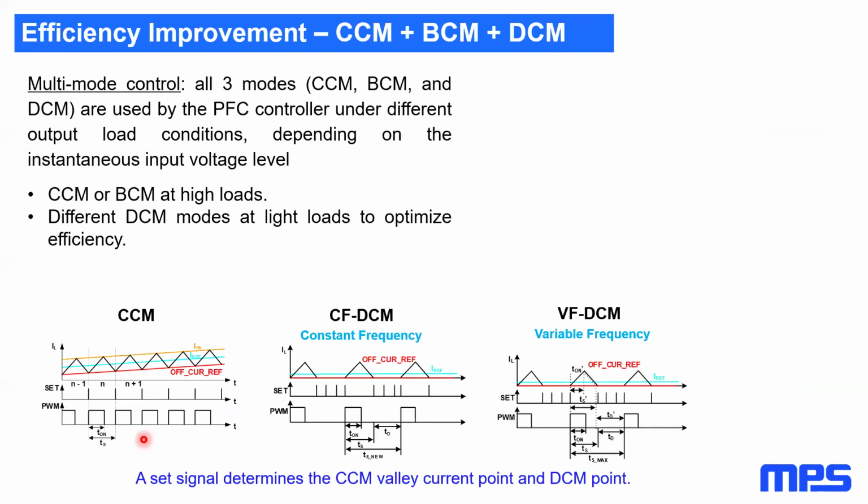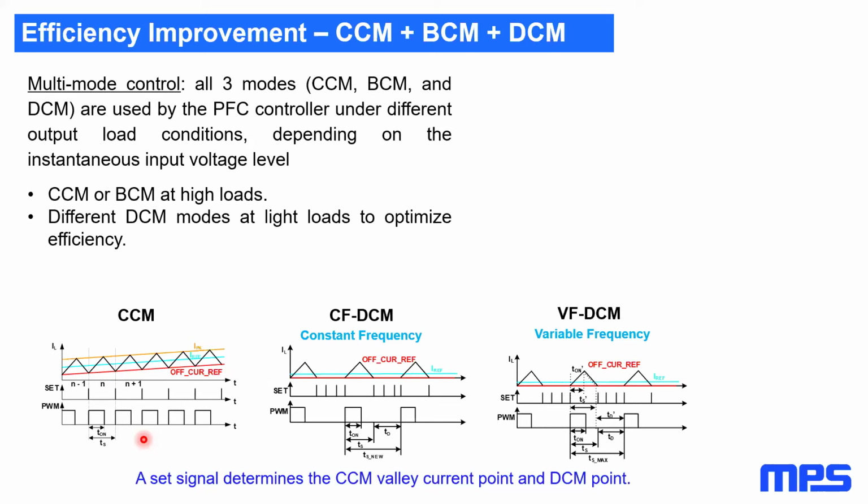Now, this can also be applied to CCM. In CCM, of course, if the power decreases, at some point it becomes beneficial to go DCM as well. And it can actually be running in what we call multi-mode. So CCM at high line, high load, and then maybe going through a borderline conduction mode for some time, also in certain conditions.